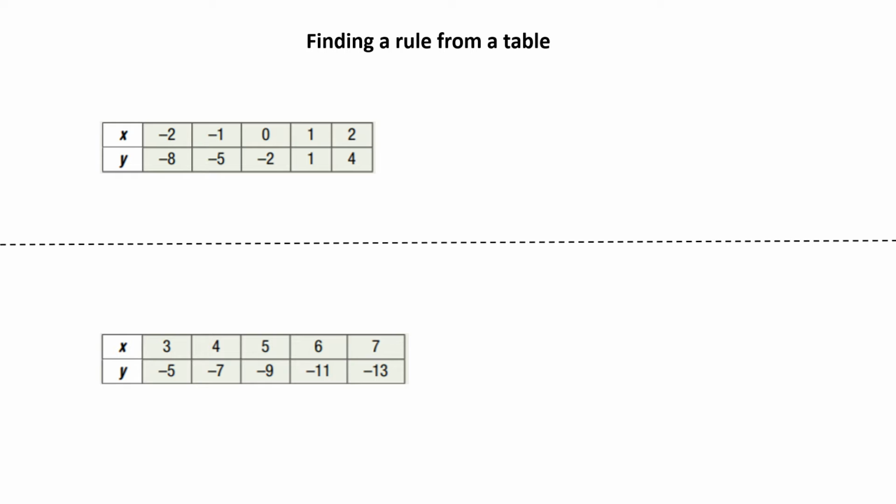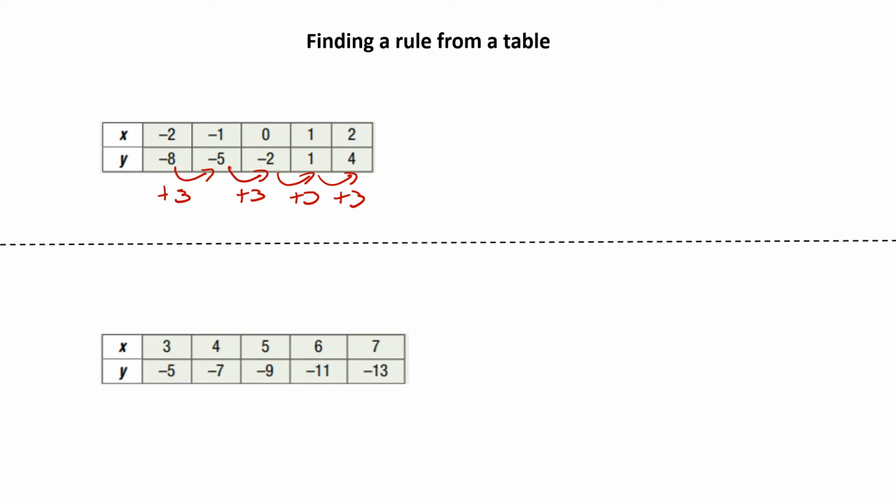Let's go to the next part. Let's now do finding a rule from a table. Okay, so let's look at this first one. The way you find the coefficient is by looking at the y part and how much that y is changing. So here, it's changing by plus 3, then from here, plus 3, from there, plus 3, and then from there, plus 3.